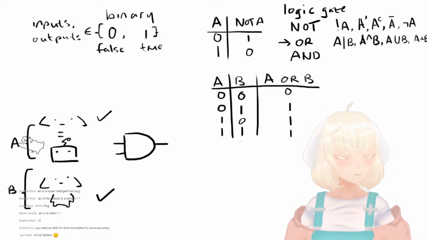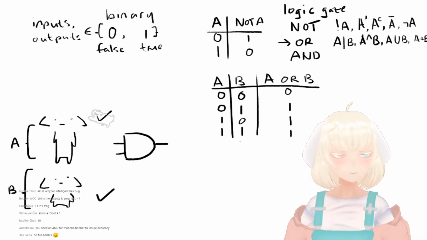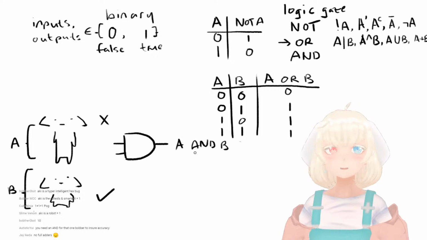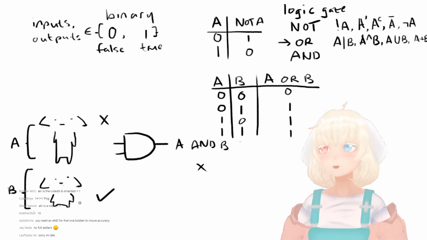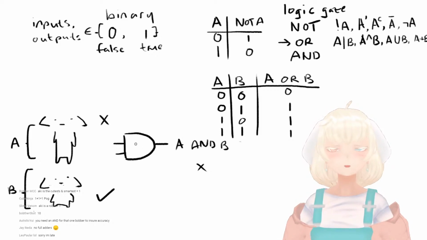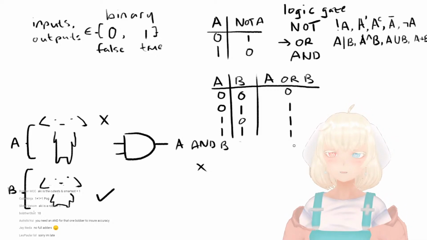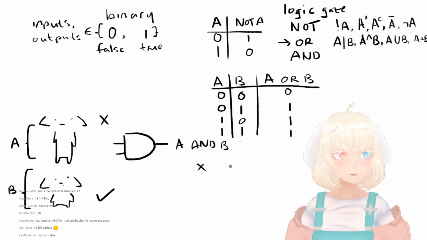If I say Aki is tall and Aki is short, A and B, then A and B is obviously false because both these things can't be true at the same time. Which means an and sentence is only true if both statements are true, which means neither of these statements can be a lie, right?